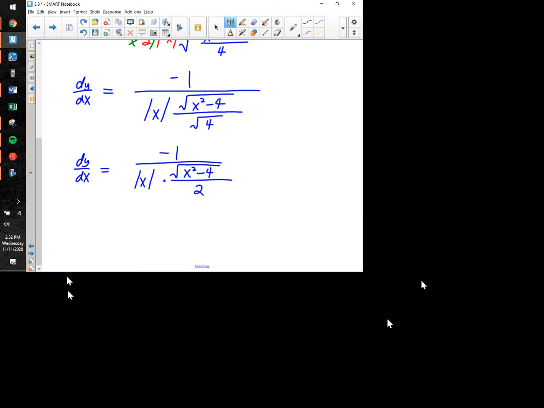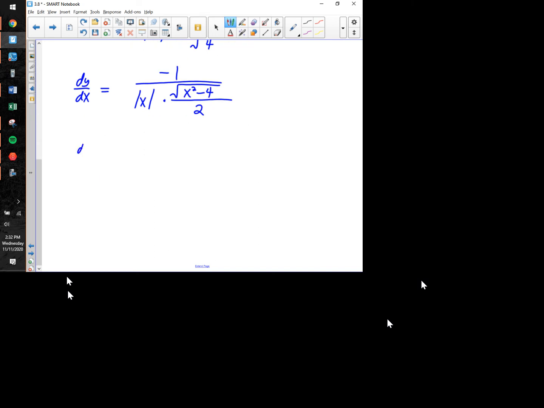And the last thing that I see here that I don't like, we have it as a complex fraction. The denominator of the denominator, which is 2, gets moved up into the numerator, everybody. And this now becomes dy dx is equal to, that's now a negative 2 on top, all over the absolute value of x times the square root of x squared minus 4.